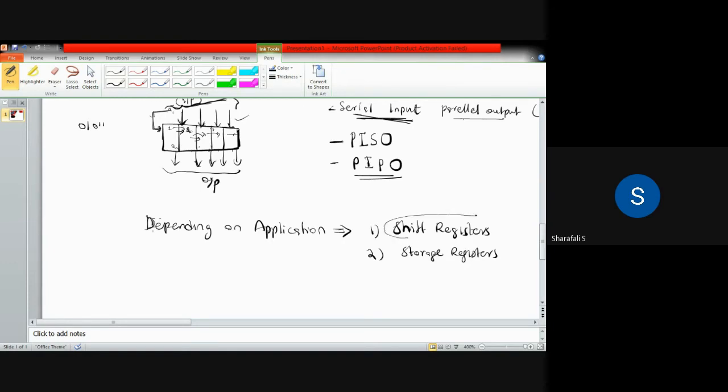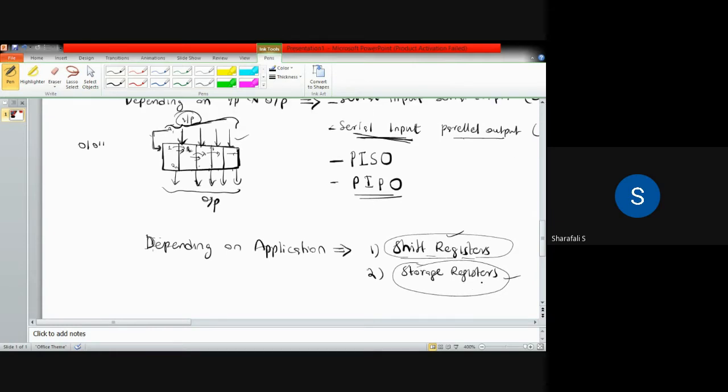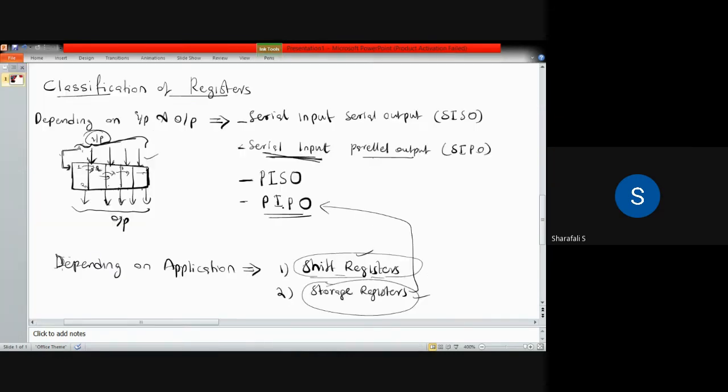Shift registers are used to shift the data, and storage registers, as the name suggests, store the data. Shift registers are used when data has to pass from one location to another. For storage, we use another kind of register, the storage register. PIPO, parallel input, parallel output, can be used as a storage register. We will discuss how it works.